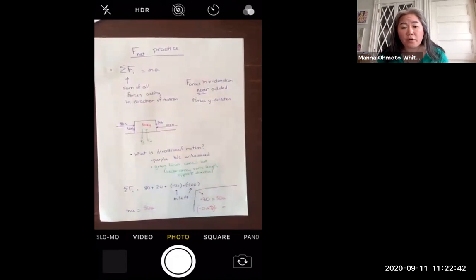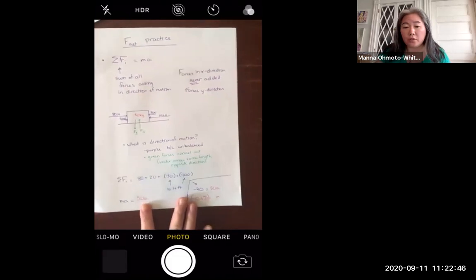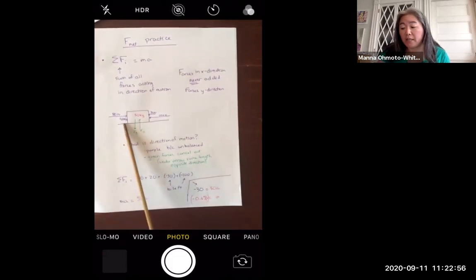So the first question you have to ask yourself and answer is, what is the direction of motion? In our diagram, because forces are vectors and we represent them with arrows, the purple is the direction of motion because these are unbalanced, right? So if I add up the forces in this direction and the forces in this direction, they aren't equal to one another. The green forces are balanced.